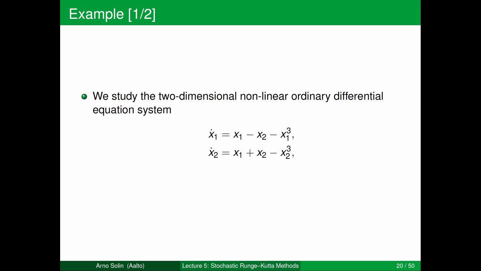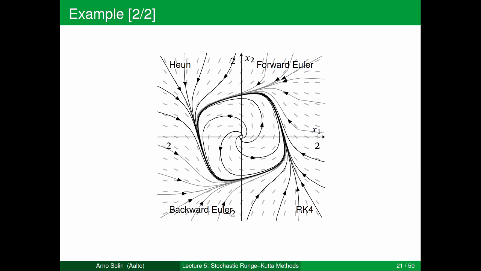Let's consider a very simple example. Consider the two-dimensional nonlinear ordinary differential equation of this form given on the slide. So we have the temporal derivative of x1 and the temporal derivative of x2, and then this expression here. It might be easier to consider some solution trajectories from this problem.